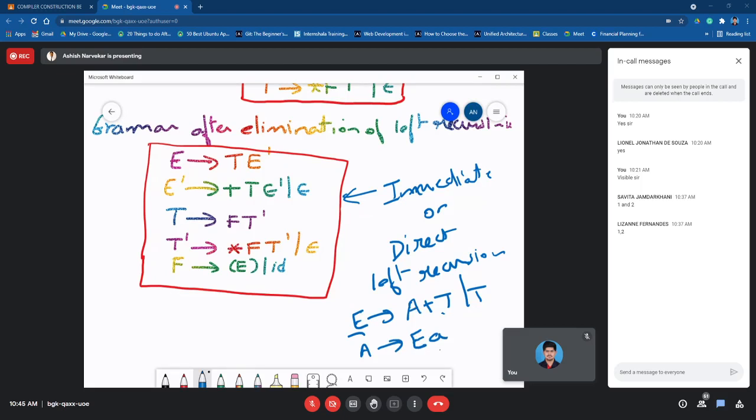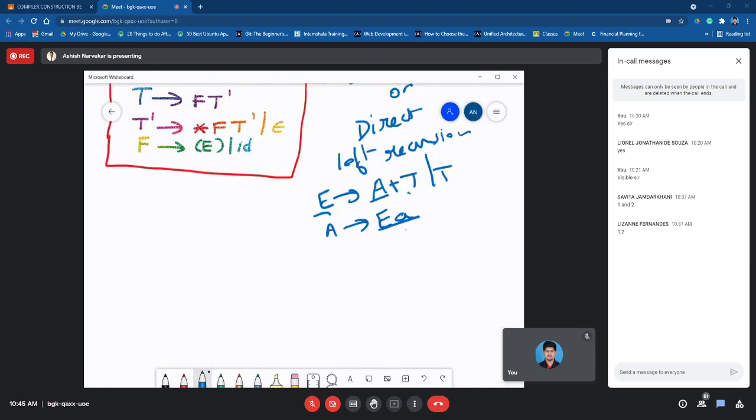You might have something like this. So we can see that if you had to substitute this A by this EA, just for instance, I'll just number them as 1 and this is 2 suppose.